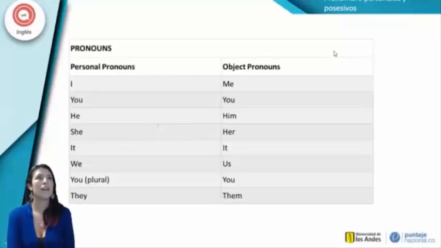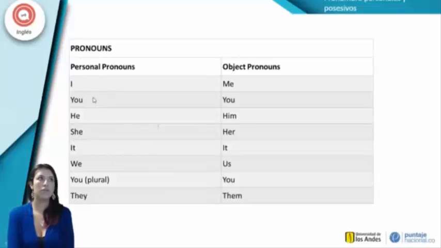Okay? So let's start. These are the pronouns, the personal pronouns and the object pronouns. What is the difference between the personal and the object pronouns? The personal pronouns refer to a person, so it refers to me, to another person, to you, to he.